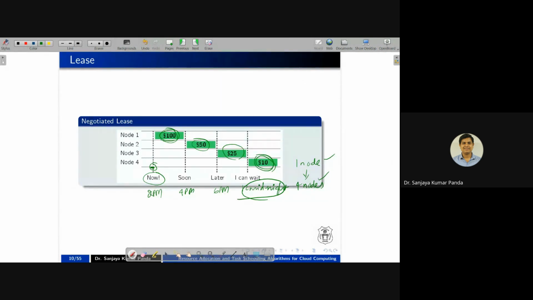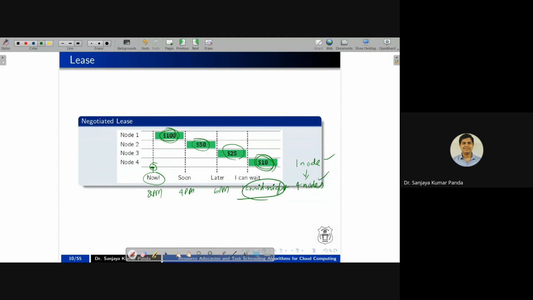So this type of lease is called a negotiated lease. We are doing negotiation over a period of time. Generally cloud service providers have enough resources, but there is a chance of this negotiation to take advantage. Let's say you have a 4 node cluster.